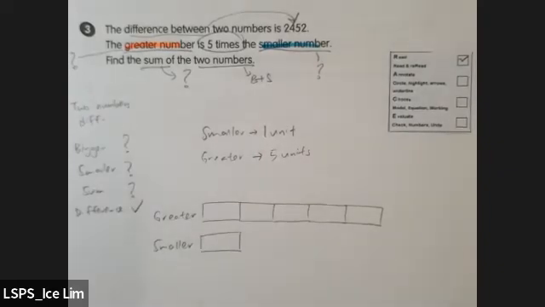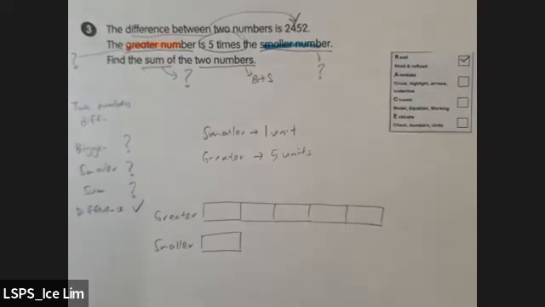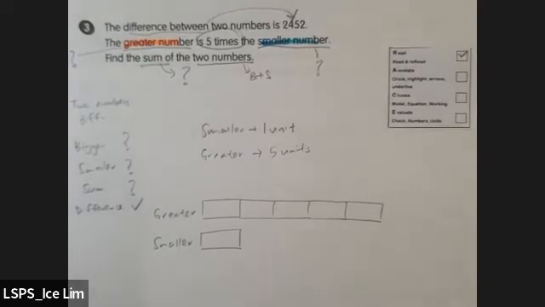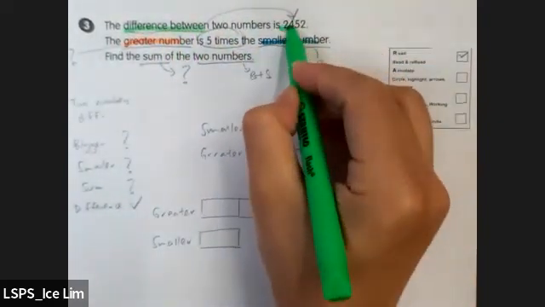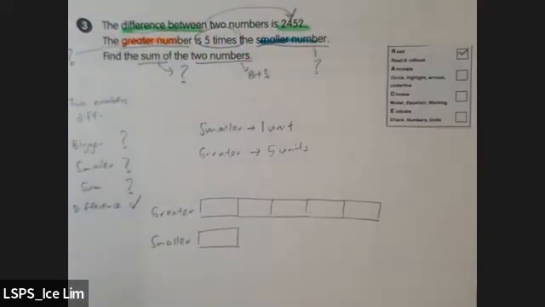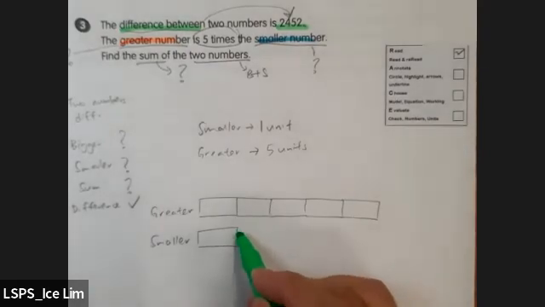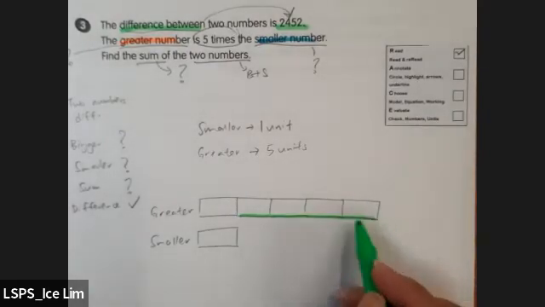Now, here it says the difference between the two numbers is 2,452, which means here.